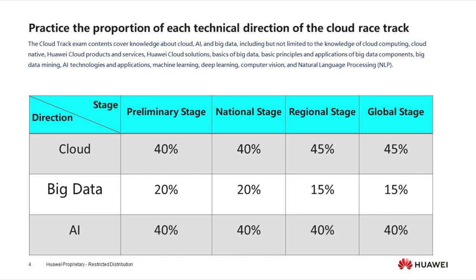It is because when we are designing the lab examinations, maybe the cloud will have more practical scores in it. Okay, now let's look into the details of each direction and see what kind of contents you need to study for each different stage.